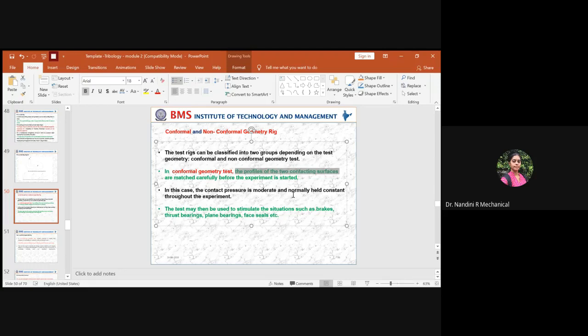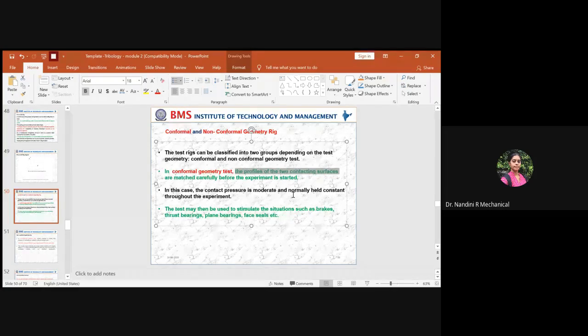Both the contacting surfaces will be matched exactly to see whether it is fitting with respect to the geometry, the condition of the material, how it is processed, what will be the maximum contact area which comes into contact, whether any junction growth will arise or not, is it made up of same material component or not. So everything will be checked, and you will map only the same kind of contacting surfaces together, and hence it is said to be conformal.